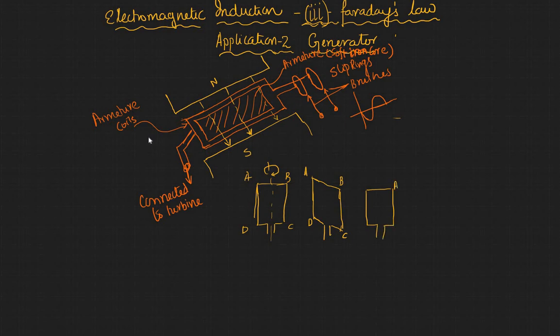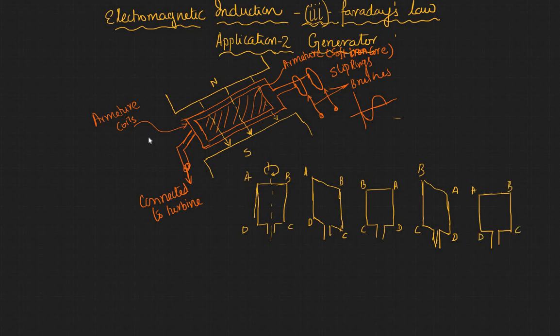A moves here, and then you have B, C and D, and again you have a rotation. You have A coming to the front, B, C, D, and finally you have the initial position, A, B, C, and D.